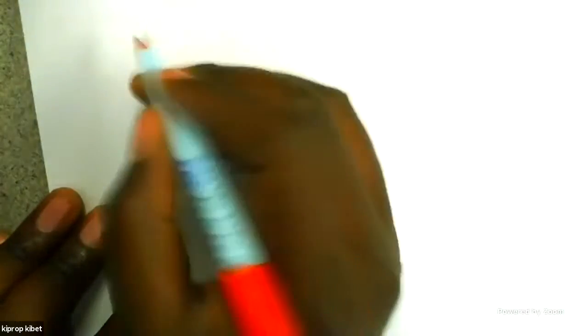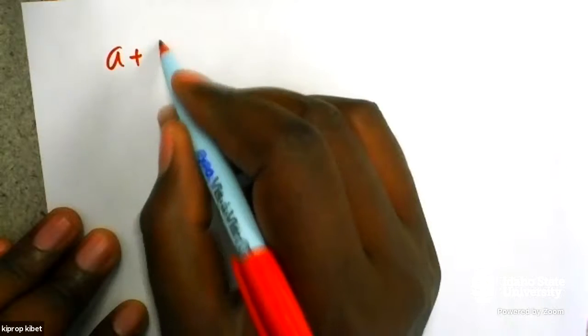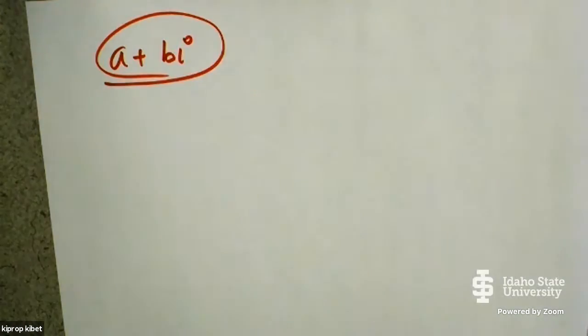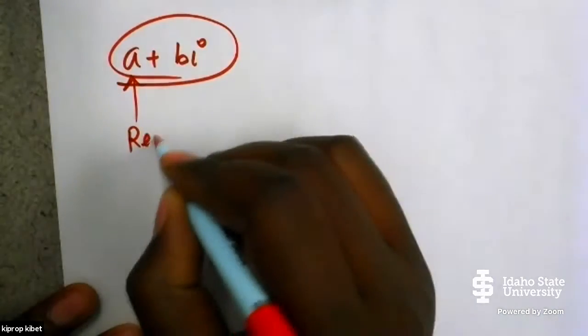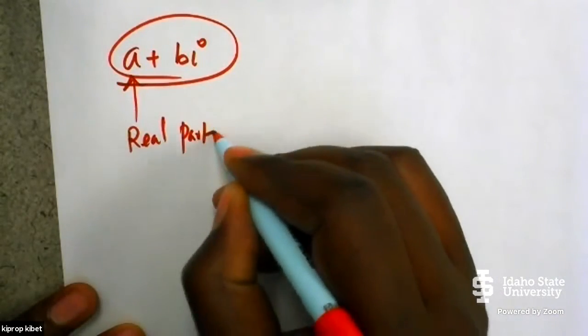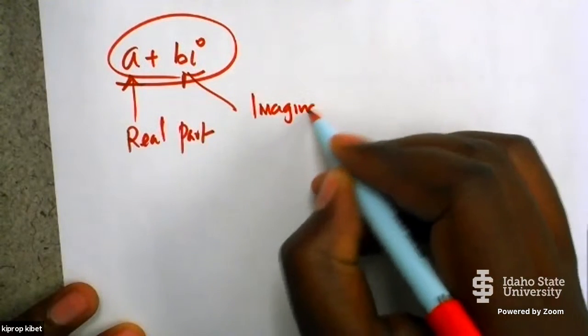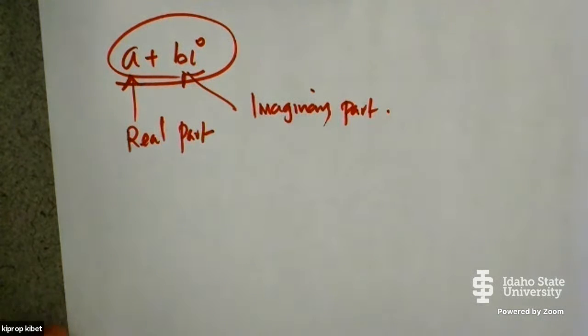A complex number is a number of the form a + bi. This is a complex number. This a is the real part, and this b is the imaginary part.